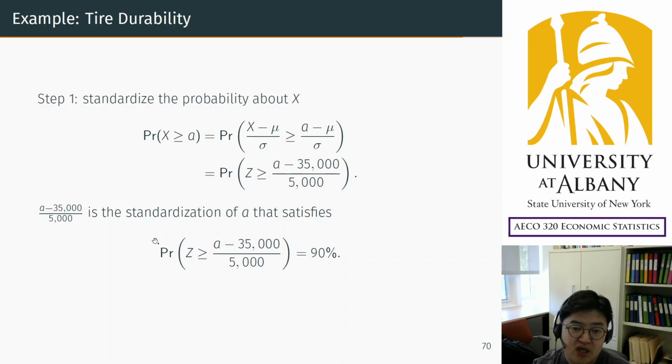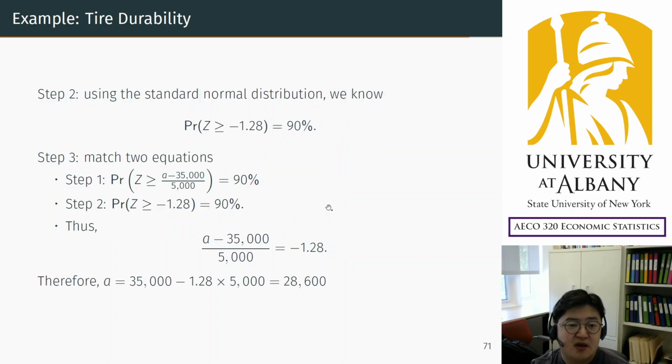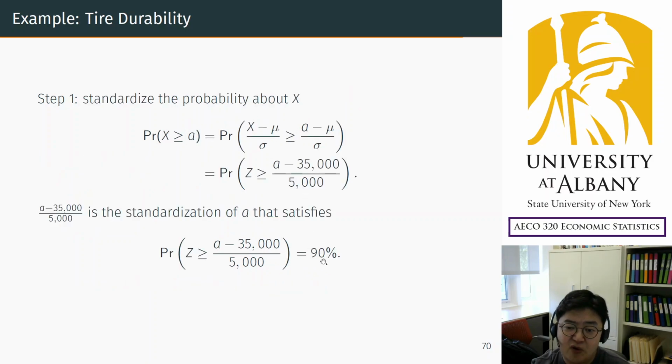Anyhow, in the end, we are going to obtain A using this form. So we have this standardized probability. Okay, this finishes the first step. And the second step, by the way, we start from the 90%. From the 90%, you have to find this number that satisfies the same form.